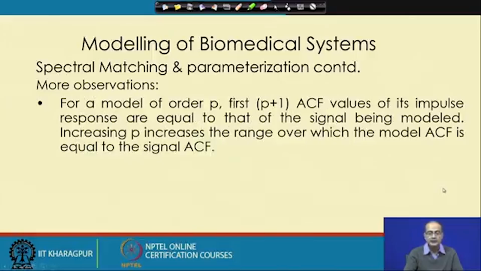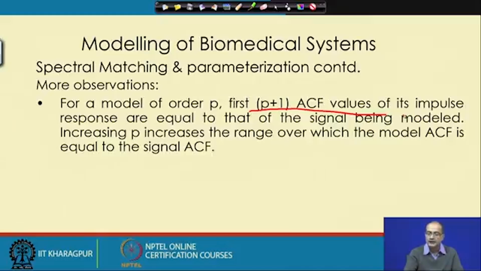The first thing: for a model order P, if we look at this model, we are making use of P plus 1 autocorrelation values to compute the model.